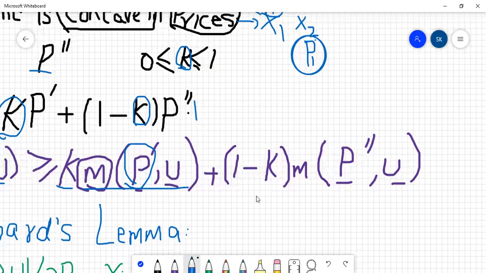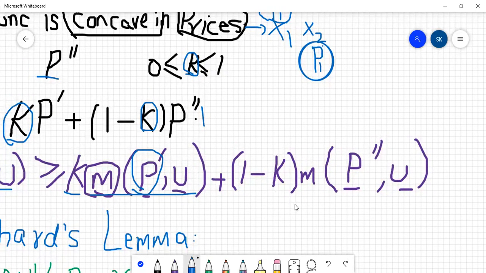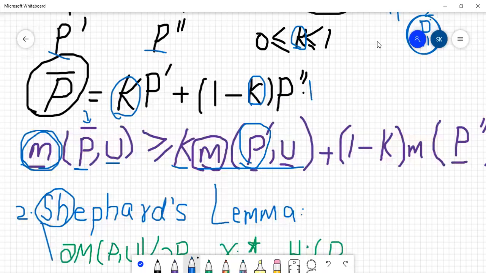So, given the two price vectors and the value of K, we can easily find that the function M of P bar and U is greater than K times M of P prime and U plus 1 minus K times M of P double prime and U. These are taken as functions of P prime and U, and of P double prime and U. These have been derived from the expenditure function, which we studied in the previous recording.